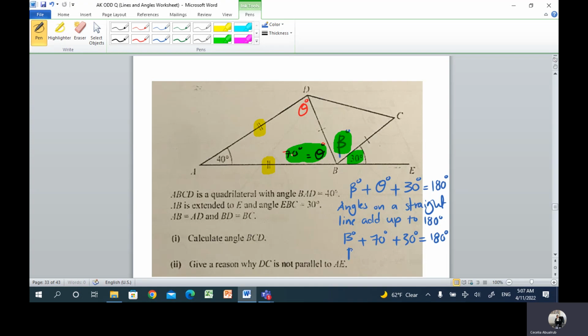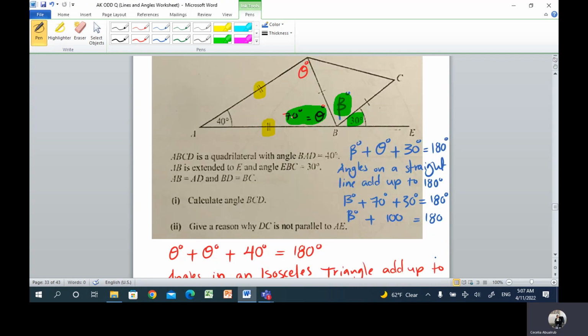If you simplify the left side, so beta plus 100 is equal to 180. If you apply opposite operations by subtracting 100 from both sides or by subtracting 100 from 180, then beta is going to come down to 80 degrees.